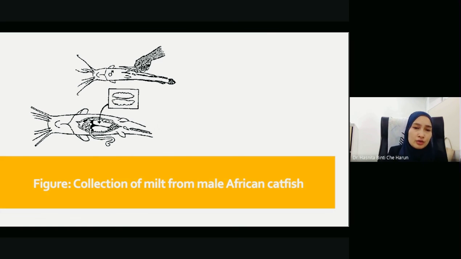For the male African catfish, the only way to collect milk is by sacrificing the fish. You need to cut out the abdomen of the fish so that you could see the milk and you can get sperm out from the milk.